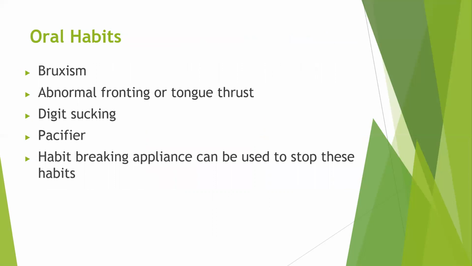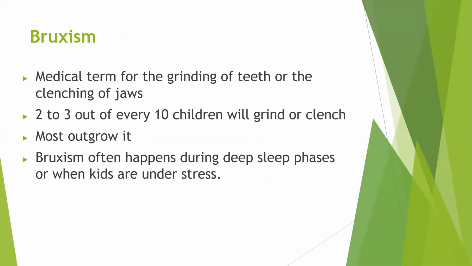Oral habits include bruxism, abnormal tongue thrust, digit sucking, and use of a pacifier. Habit-breaking appliances can be used to stop these habits. Bruxism is a medical term for the grinding of teeth or the clenching of jaws. Two out of 3 children will grind or clench.